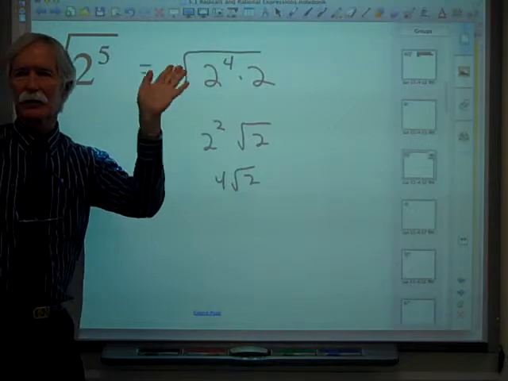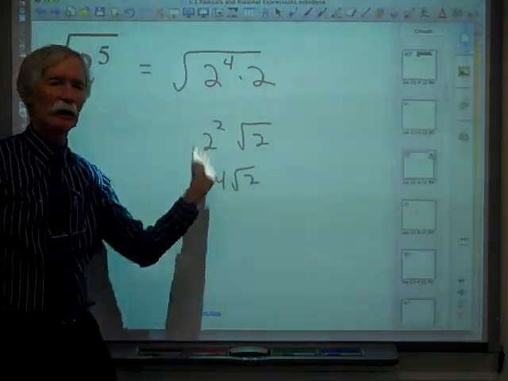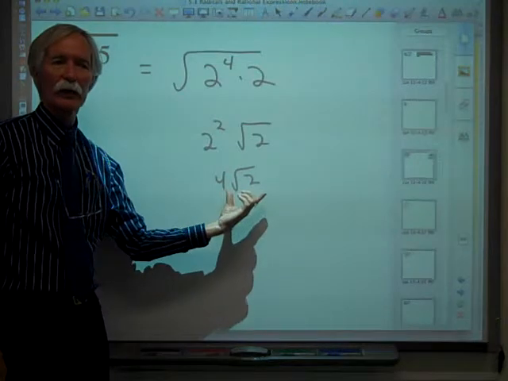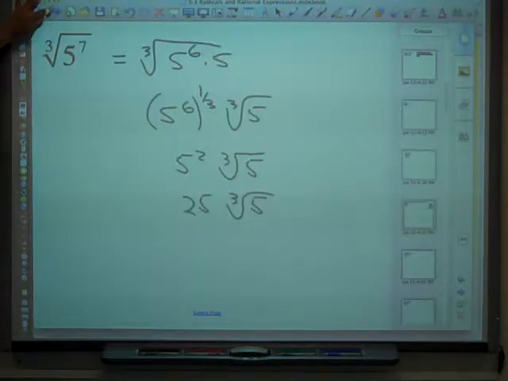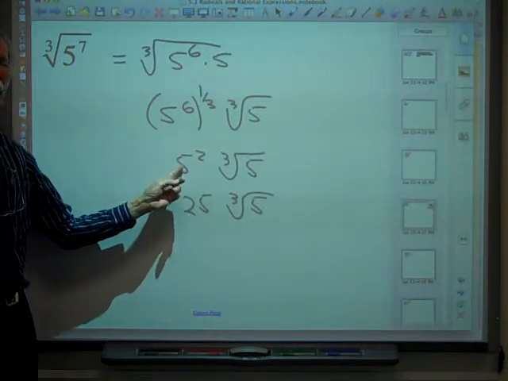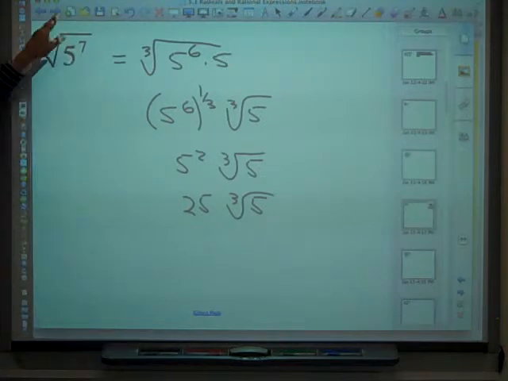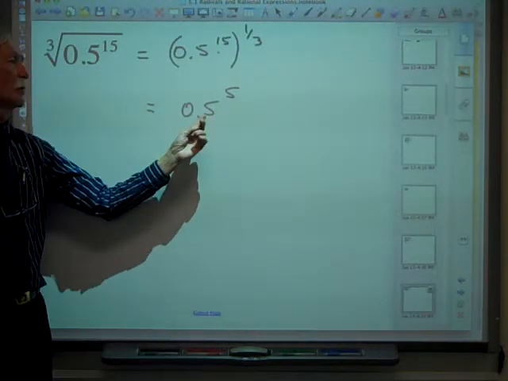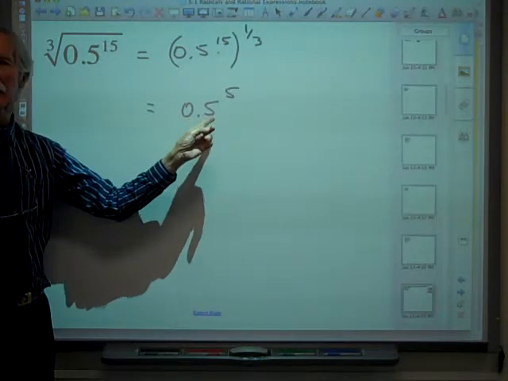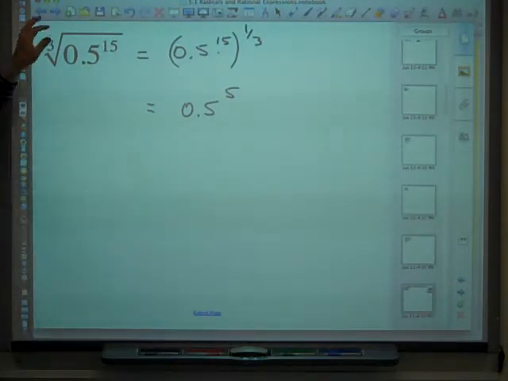Like the answer's like 3? No. So starting about here, you could stop wherever it is reasonable to stop. That's reasonable. Here, 5 squared is pretty reasonable, so you can get 25 there. But by the time you get here, just leave it like that. I would never expect you to do 0.5 without a calculator to the 5th power.